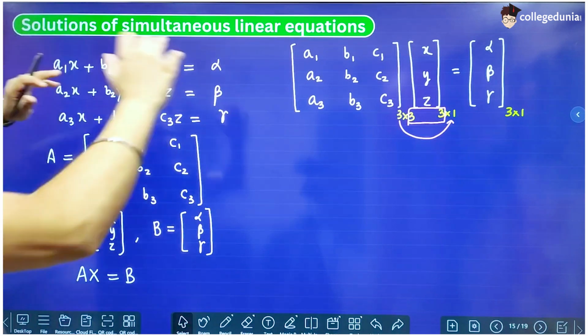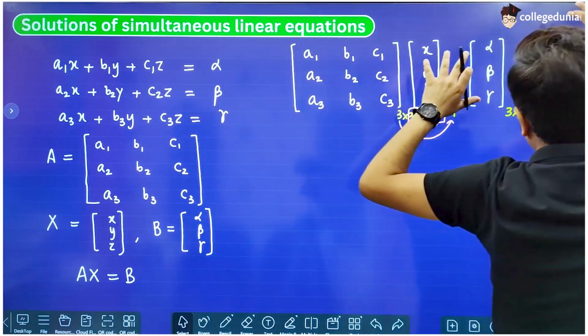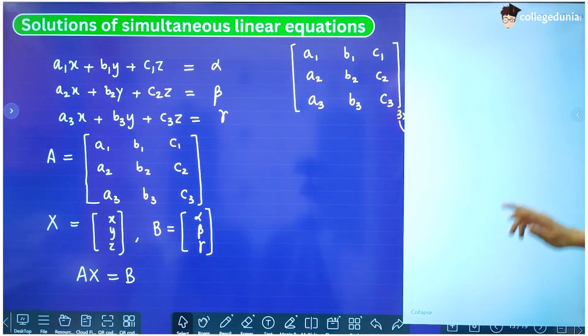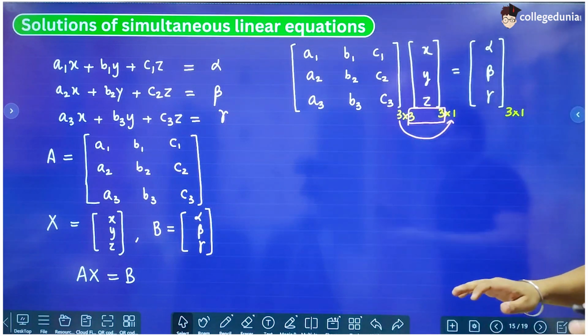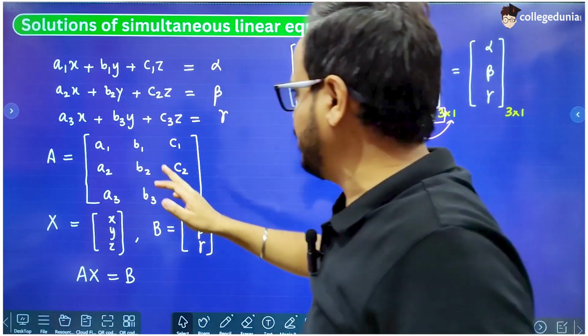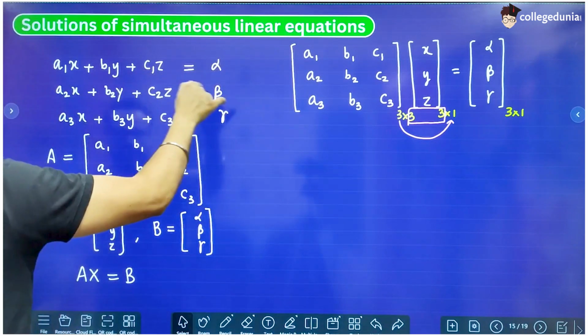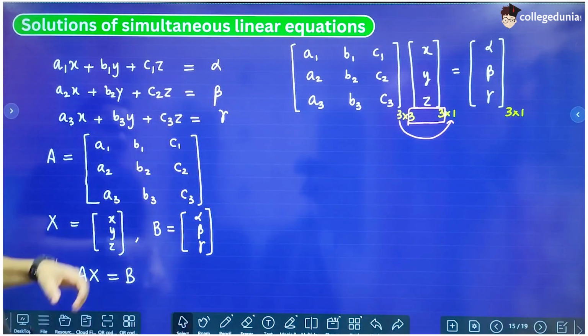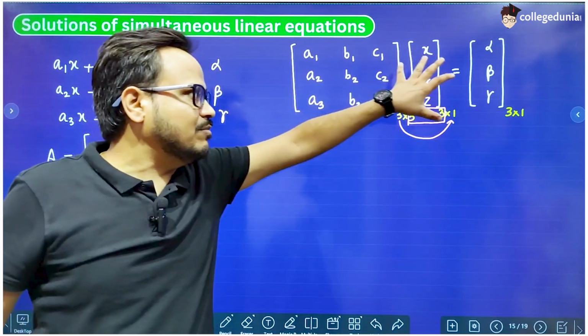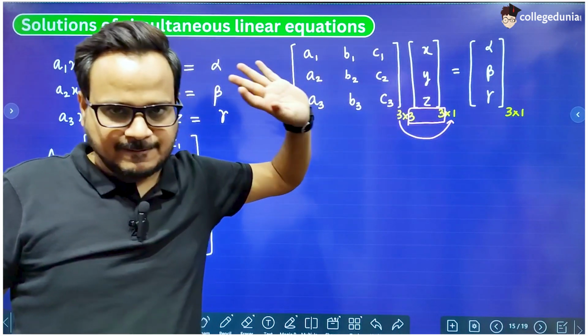And that is equal to this. So if two matrices are equal, their corresponding elements are equal. So first one will be equal to alpha, second equal to beta, third equal to gamma. So this system of equations can be written in the matrix form like this.